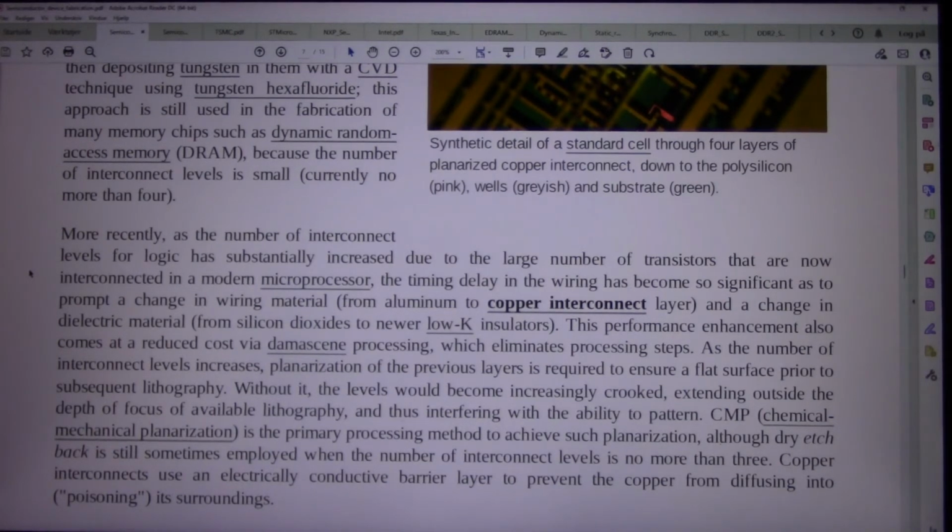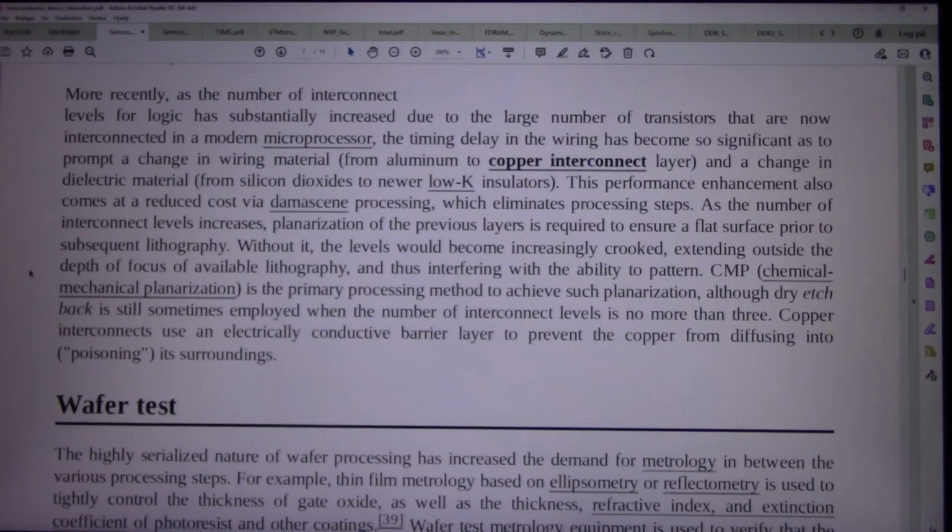More recently, as the number of interconnect levels for logic has substantially increased due to the large number of transistors that are now interconnected in a modern microprocessor, the timing delay in the wiring has become so significant as to prompt a change in wiring material, from aluminum to copper interconnect layer, and a change in dielectric material, from silicon dioxide to newer low-k insulators. This performance enhancement also comes at a reduced cost via Damascene processing, which eliminates processing steps.